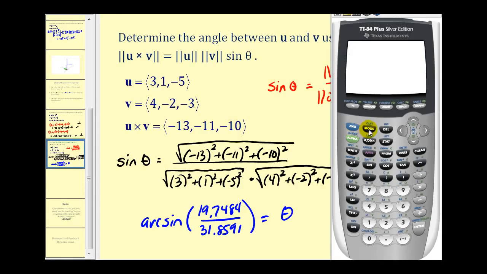Let's first put our calculator in degree mode. Notice I'm already in degree mode here. So now we're going to press second sine for arcsine or inverse sine. Then we'll just type in our ratio. So the angle between those two vectors is approximately 38.3 degrees.